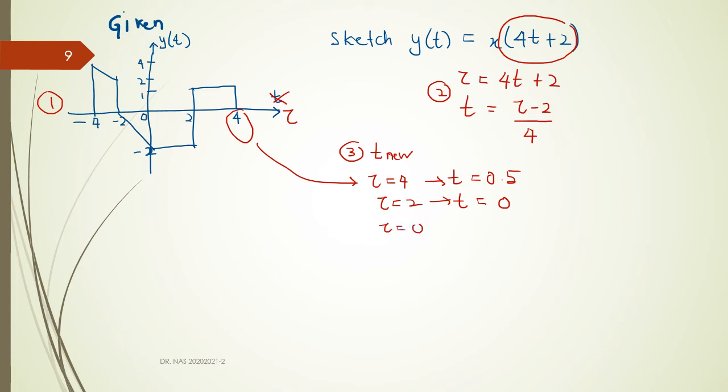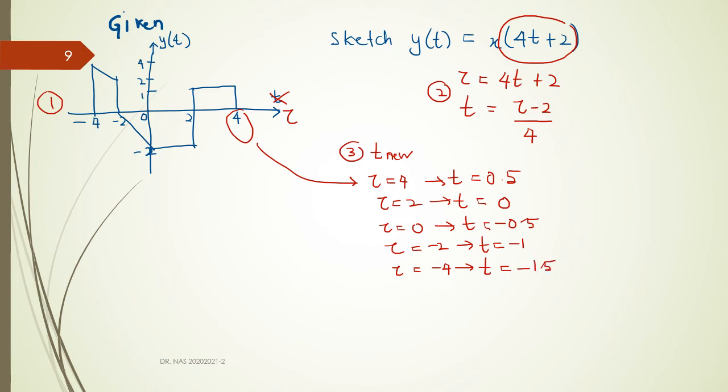Tau equals 0, t equals negative 0.5. Tau equals minus 2, t equals minus 1. And tau equals minus 4, t equals minus 1.5.